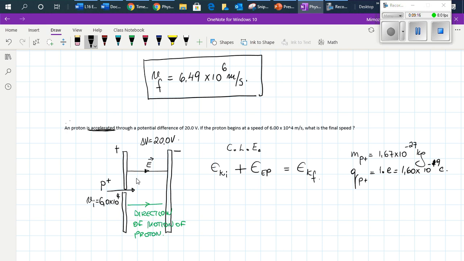So then, the kinetic energy formula is 1/2 mass of proton times initial velocity of proton to the power of 2, plus electric potential energy, which is change of voltage times charge of proton, equals 1/2 mass of proton times V final squared.